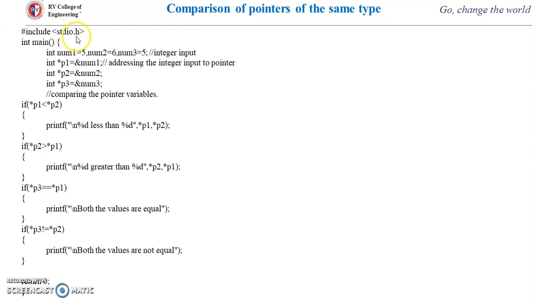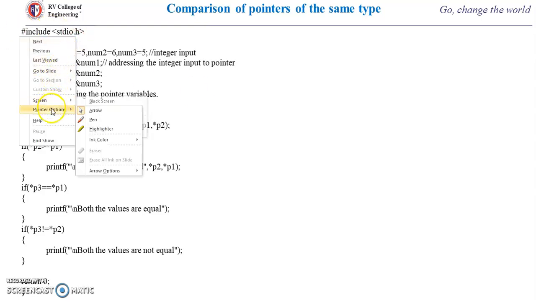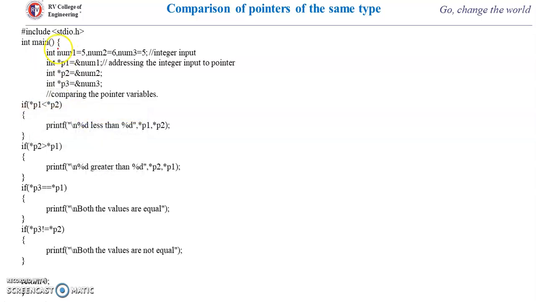So this is the header file, and inside the main function we have declared three variables num1, num2 and num3. num1 has the value 5, num2 has the value 6, num3 has the value 5, and then we have taken the pointer variables p1, p2 and p3.